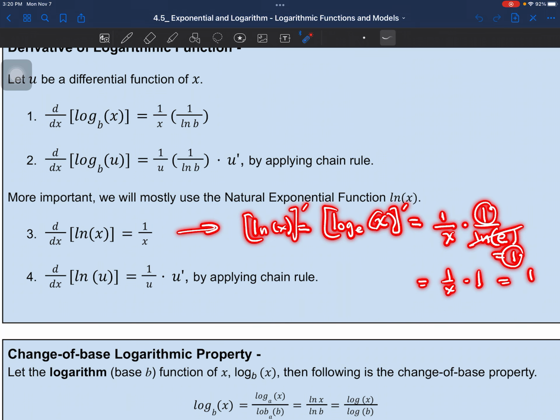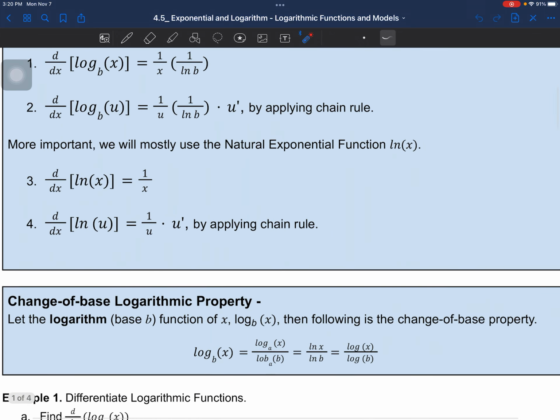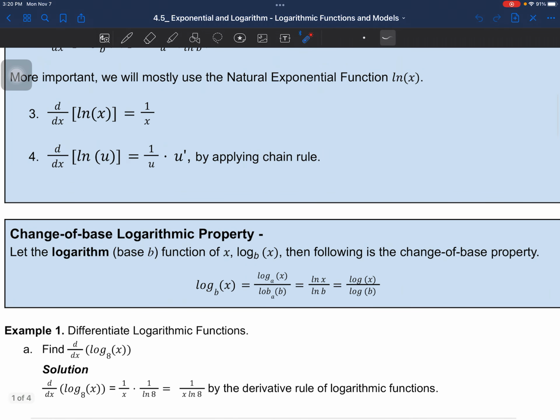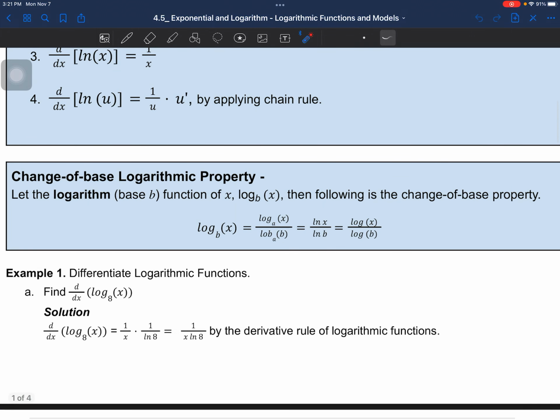And what do we know about the natural log of e? This turns into a 1. So basically you have a 1 over a 1. So why write that, why write 1 over 1? That's the same as 1. So that just turns out to be 1 over x. So technically it's there, we just don't bother writing it anymore. And it easily applies again with the natural log of u as well.